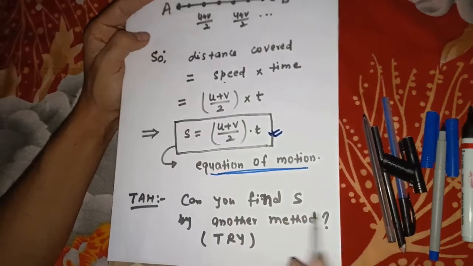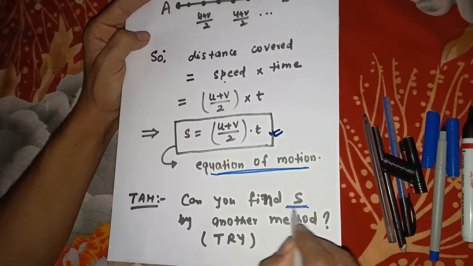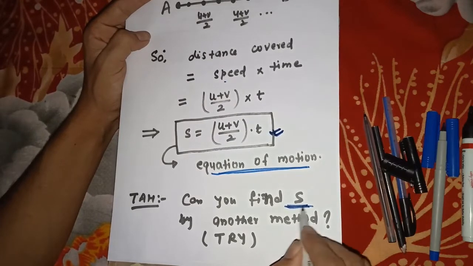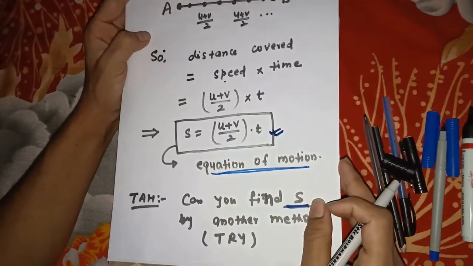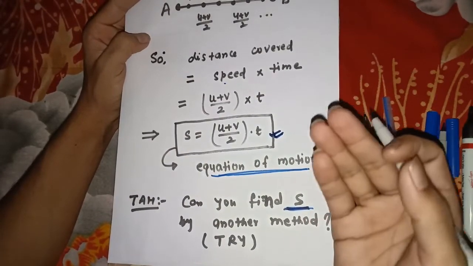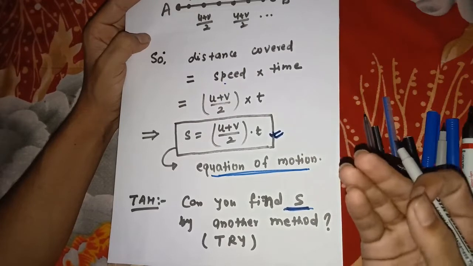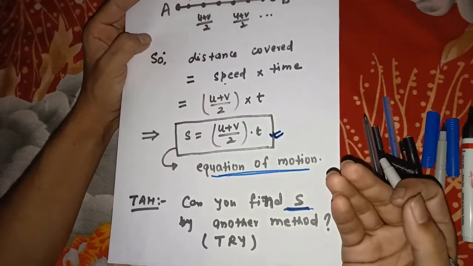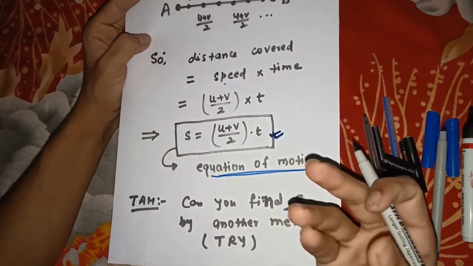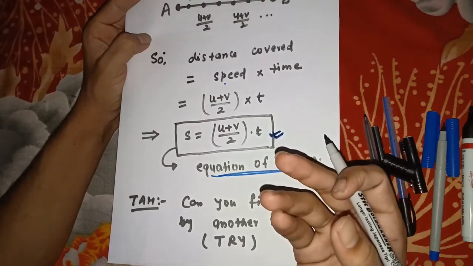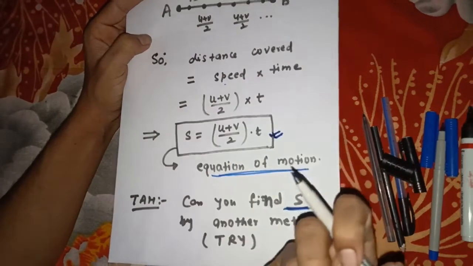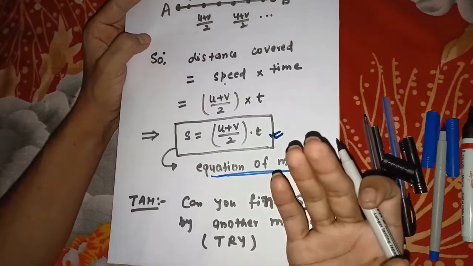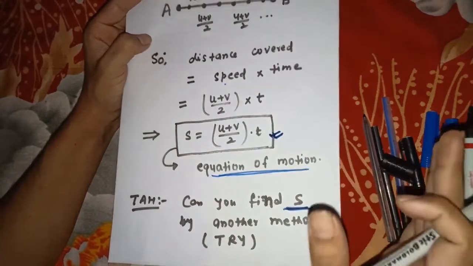Can you find, by your creativity, the displacement in this case without using the average? It may be complex and you may face some difficulty, but just try it. You may or may not get the result, but don't bother about it. Just trying is enough.